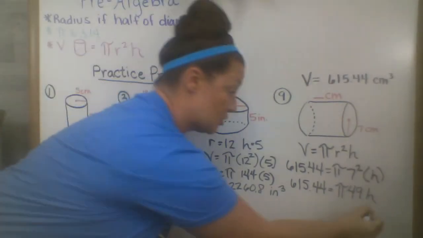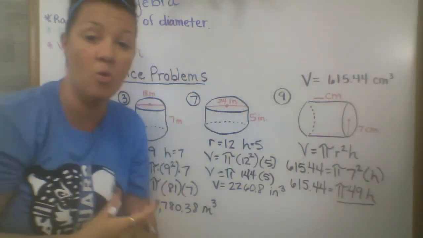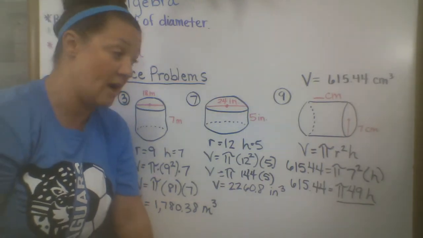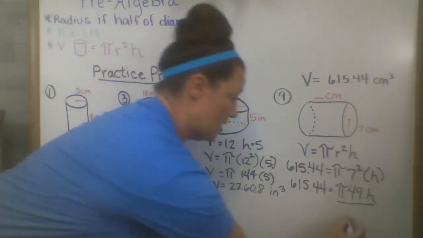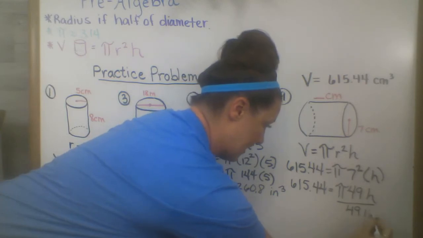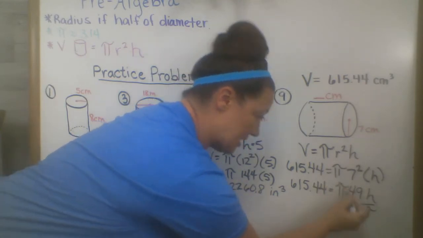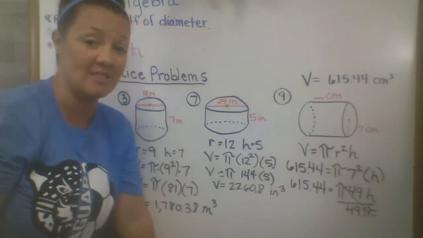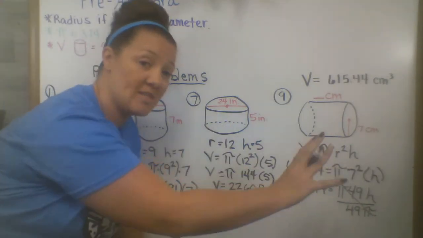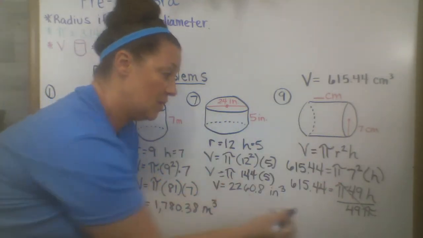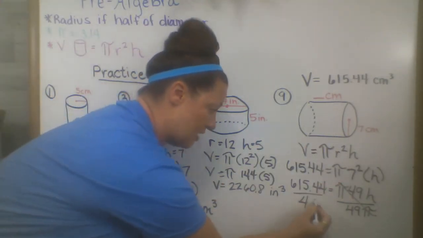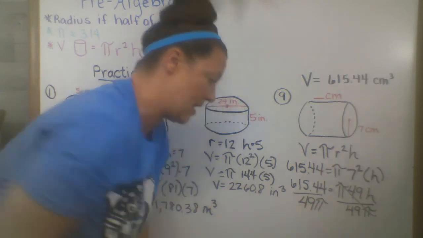Division, good. So let's divide by what we want to get rid of. And that would be 49 and pi. So I'm going to write it the other way down here. So I want to get rid of that so that I can cross that out. But if I do it to one side, what do I have to do? Good, I have to do it to the other side. So 49 pi.